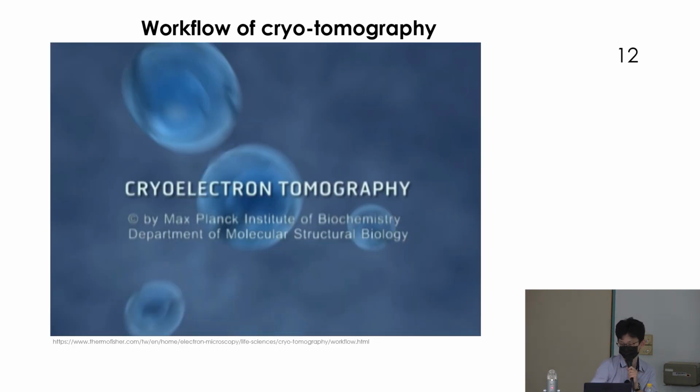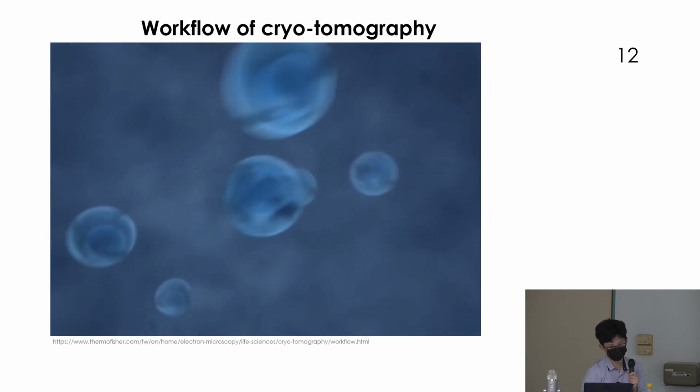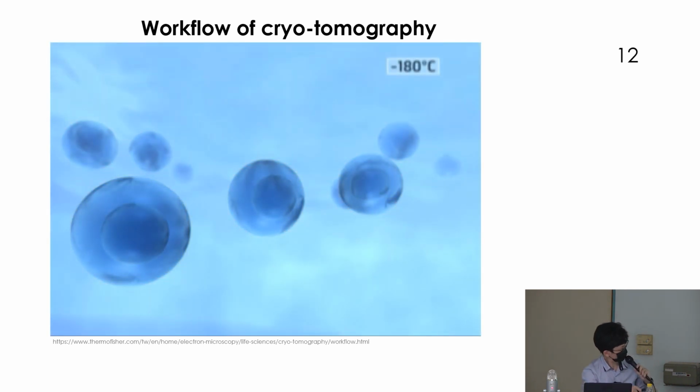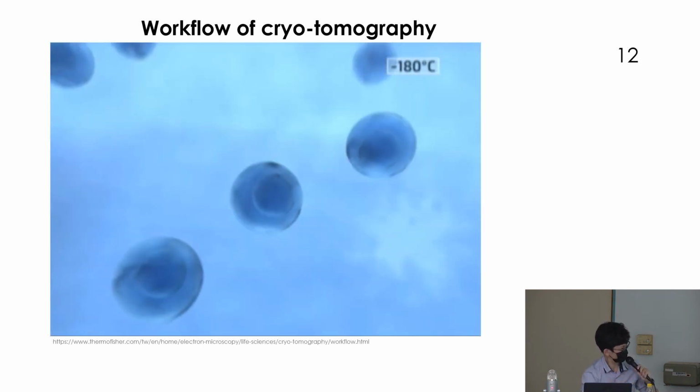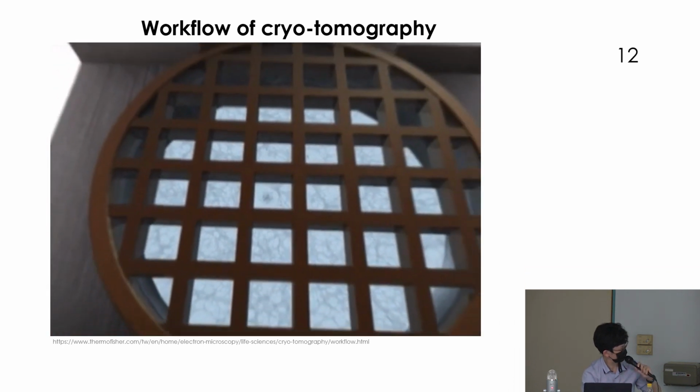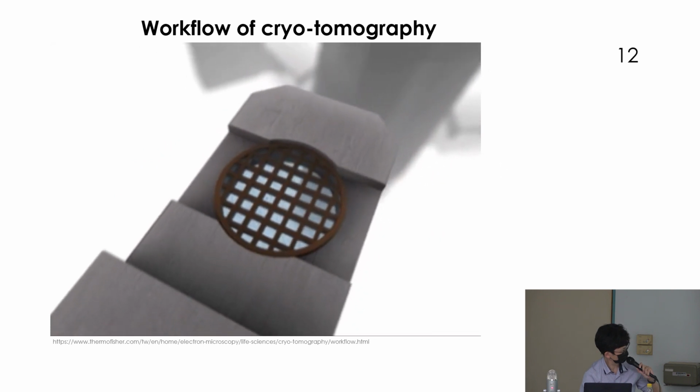So a quick movie shows cryotomography, and in this case, we freeze a cell. We want to study one particular cell. So we have a lot of cells, then we freeze them, using plunge freezing.